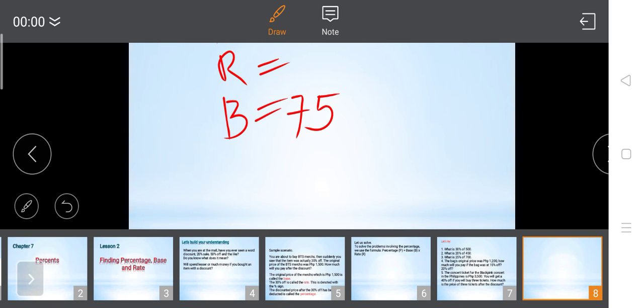Okay, so that is 25% of 700, not 750, ha? 700 will be the base and the rate is a 25%.